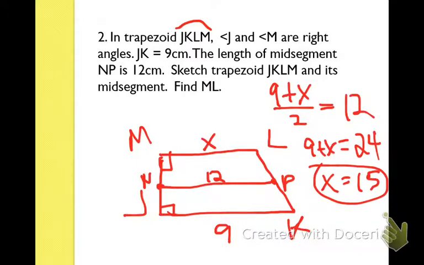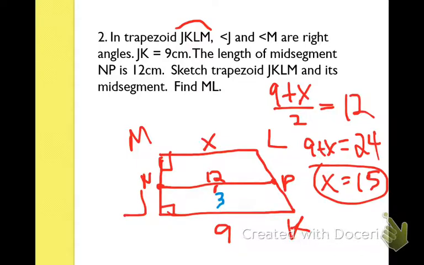The other way you can think of this is, what's the difference between 9 and 12? Carly? 3. So this difference is 3, let's put it in a different color.